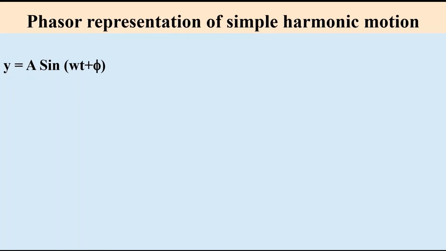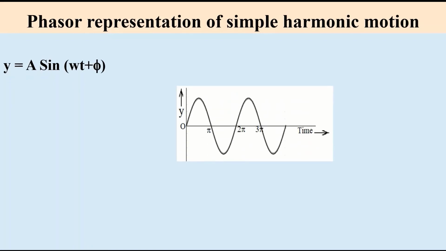If we plot y versus t, we obtain a sine wave as shown in the figure. The quantity which varies sinusoidally can be represented as the projection of the rotating vector on a diameter. Or simple harmonic motion is correlated to the rotation of the z. So this type of representation is called phasor representation.